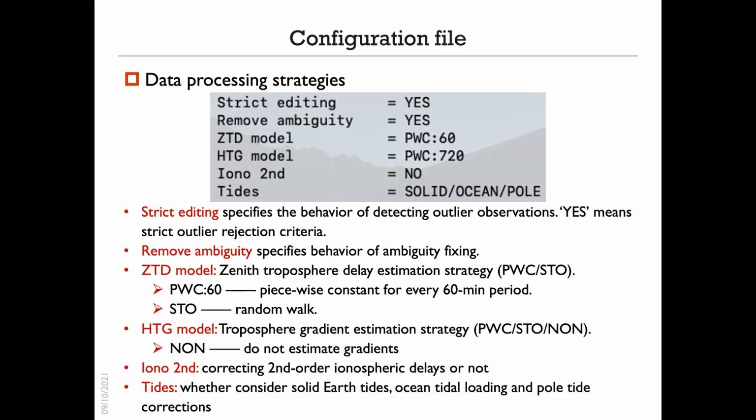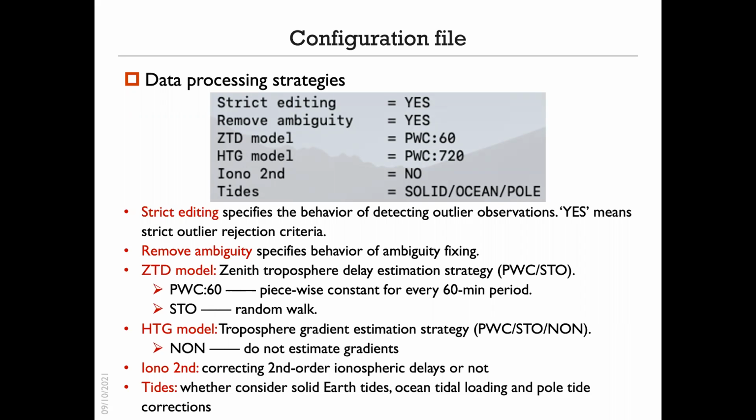So it doesn't make sense to make corrections for solid earth tides, because the airplane is not connected with the ground. Ocean tidal loading doesn't make sense either, and the pole tide doesn't make sense either in this case. So for some mobile processing, like airplanes and ships, you must be careful to think about whether you should apply the tide corrections. You'd better turn them off here. For example, the solid earth tides, you should turn them off in the case of airplane data processing.